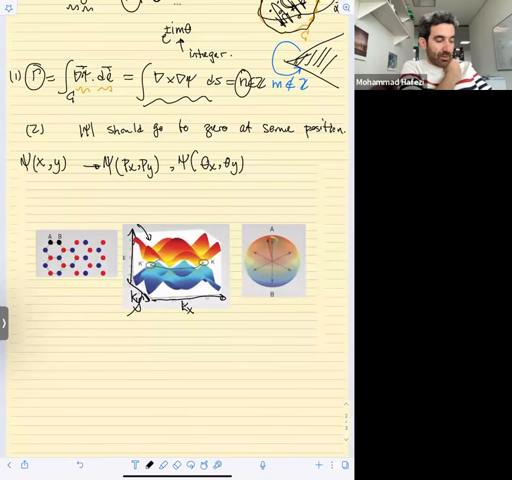So if, let's say in this position, most of my wave function is concentrated on the A sublattice, then this unit vector will be pointing up. If I'm somewhere in the Brillouin zone where my wave function is more concentrated on B, I will be over here. If it's something in between, it's something over here. Okay. So this you have seen in solving any tight binding model that has bipartite situation.